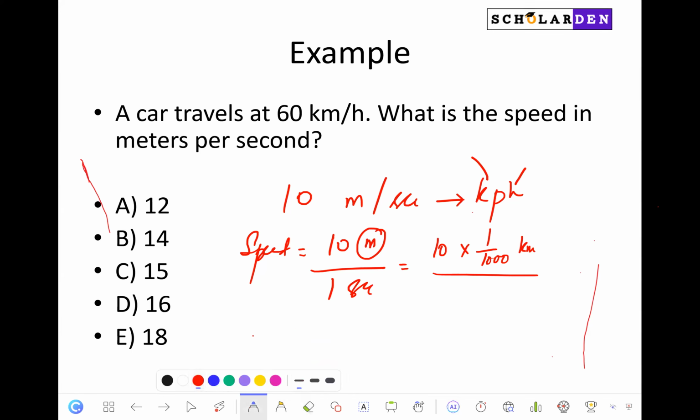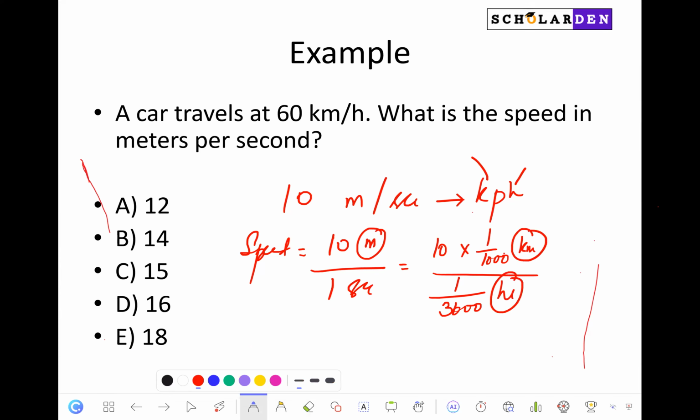And then, let's look at how the seconds are converted into hours. 1 hour is equal to 60 times 60 seconds. If we divide 60 times 60 on both sides, that is how we get 1/3600 hour. Now this is the final form of our conversion. As you see, the units are correct.